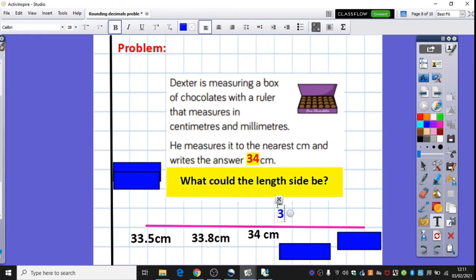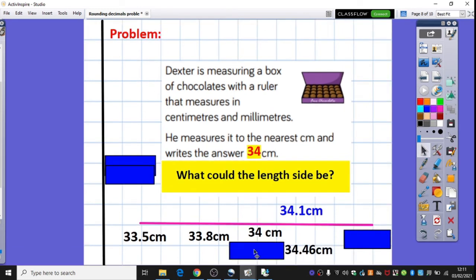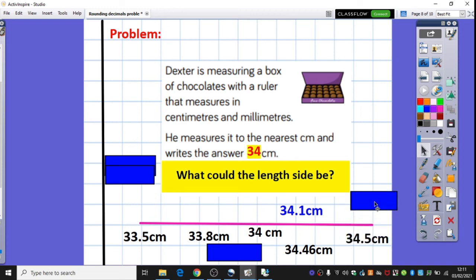It might have been 34.1 centimetres, 34.3, 34.4. And my other example down here was 34.46. So having a look then, would 34.5 work?